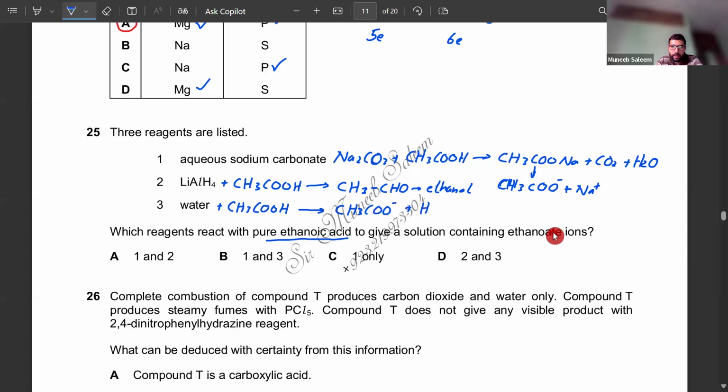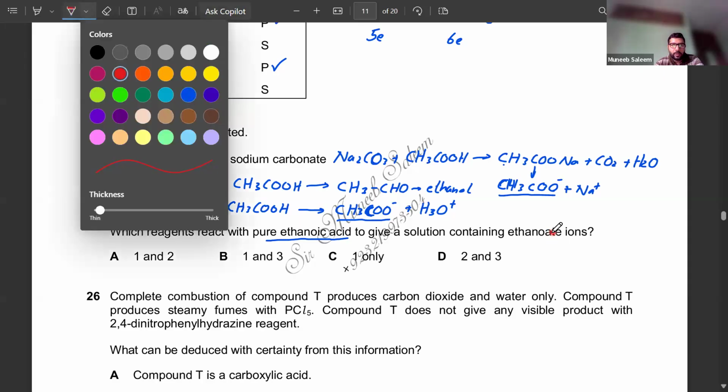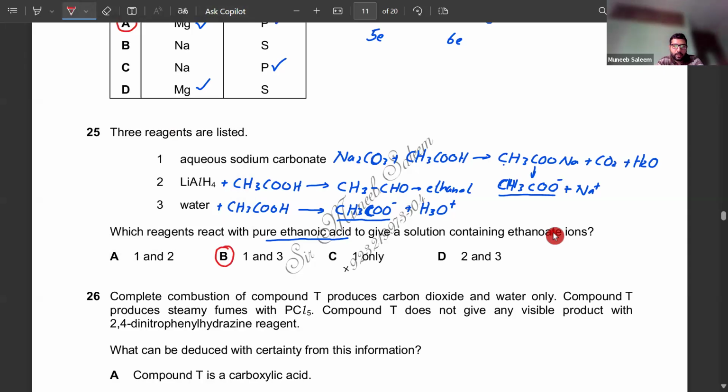And those hydrogen ions are accepted by the water, so we can also write it as H3O positive. So we have ethanoate ions present in the third reagent and also in the first reagent. In this way, option B is the correct option, containing both statements 1 and 3.